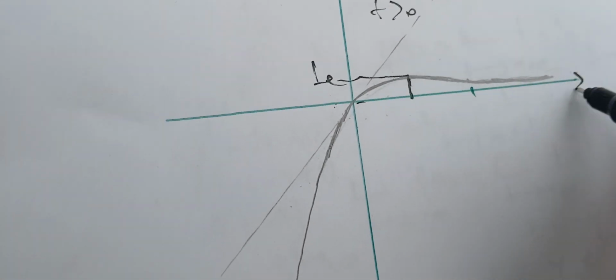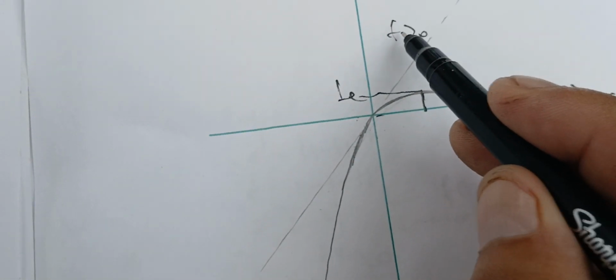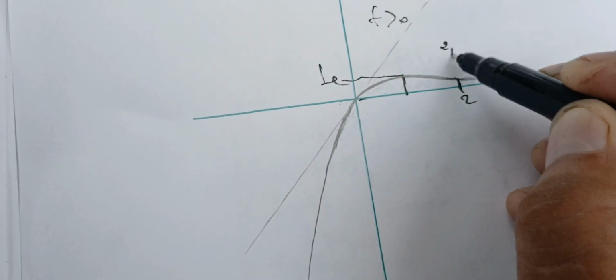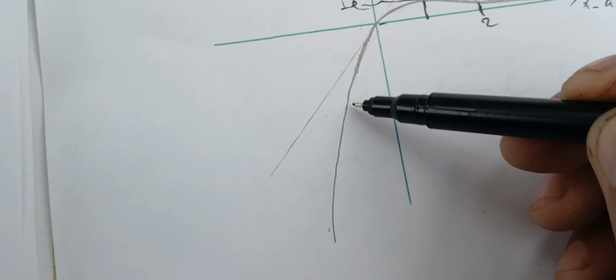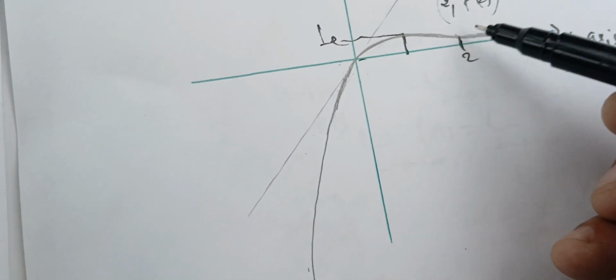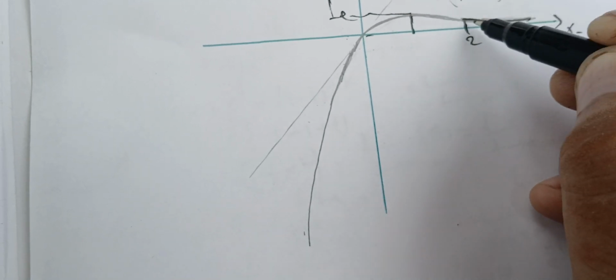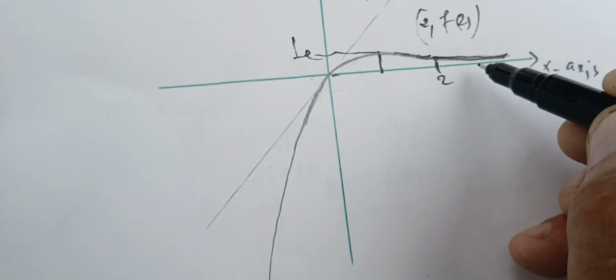So here, this is my x-axis, this is my y-axis. It's positive at this point 2, f of 2. My function is concave down when t is less than 2. It changes concavity at this point. We don't see it clearly, but there is a change here.